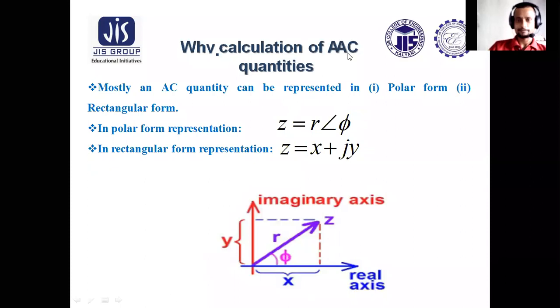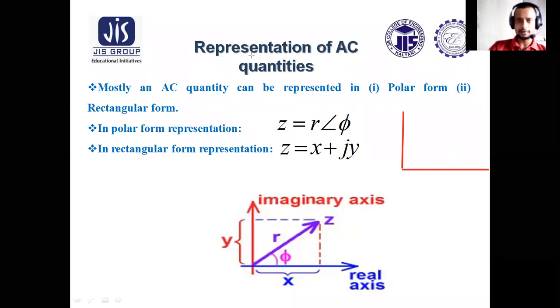Now, a DC quantity can be represented graphically like this. Suppose this is 8.